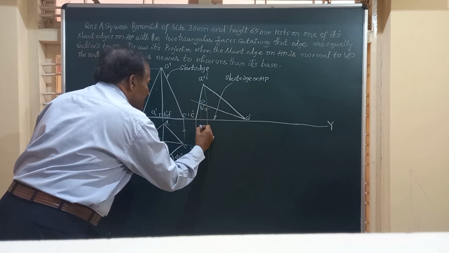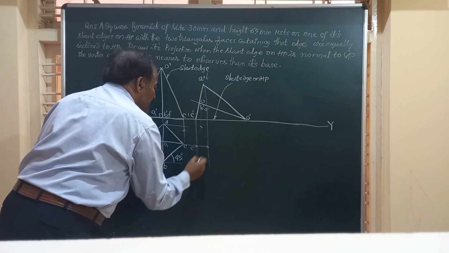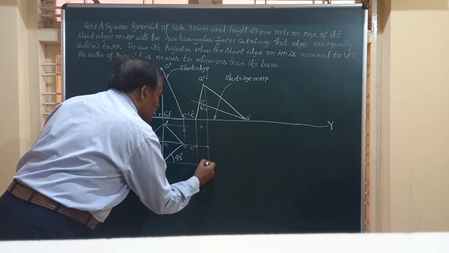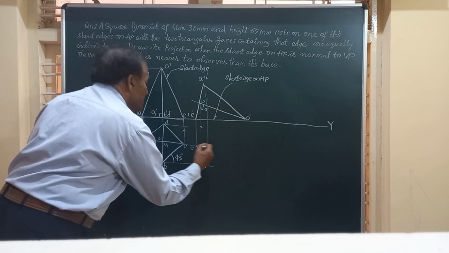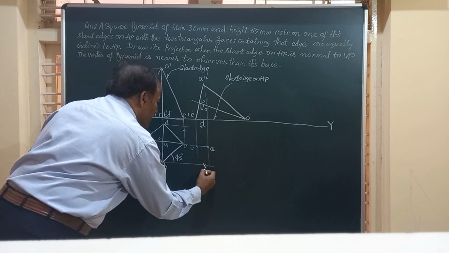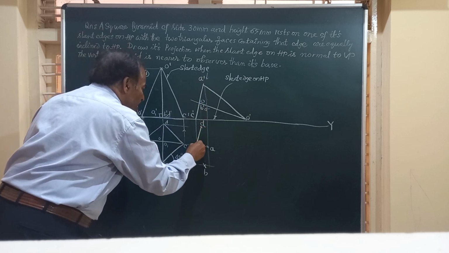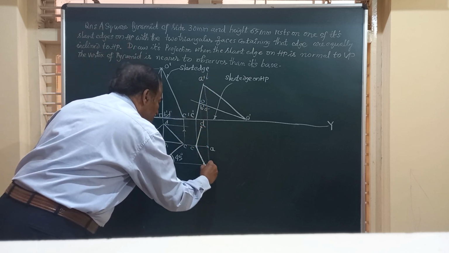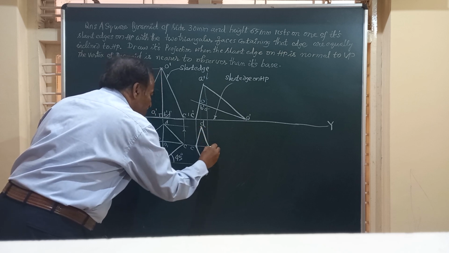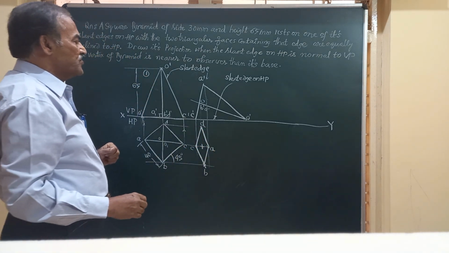This is point D, and friends, you will have B on the other end at the equal distance. So friends, you have got this is C, this is A, this is D, and this point is B. The complete base is visible, so we will join D to C, C to B, A to B, and D to A. So the complete base of the solid is visible in the top view.